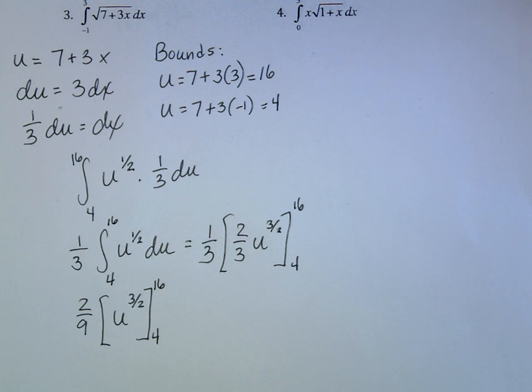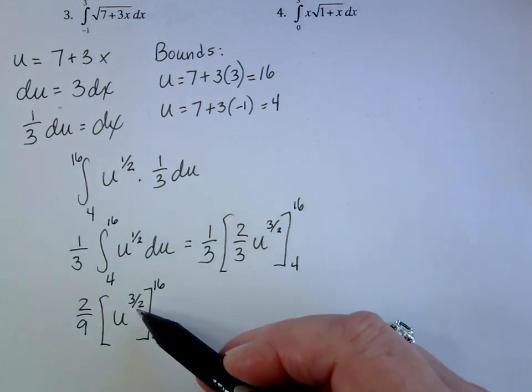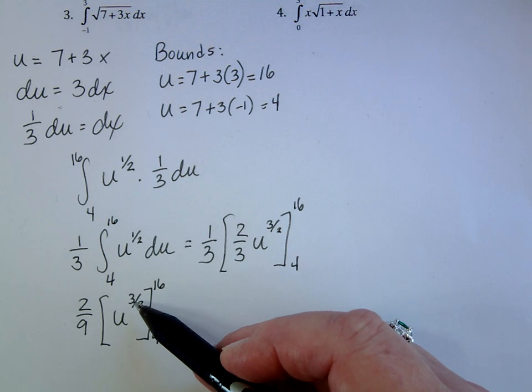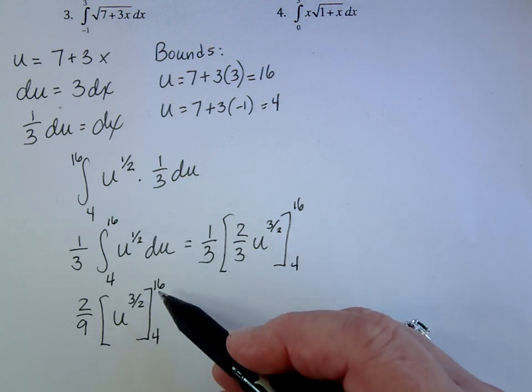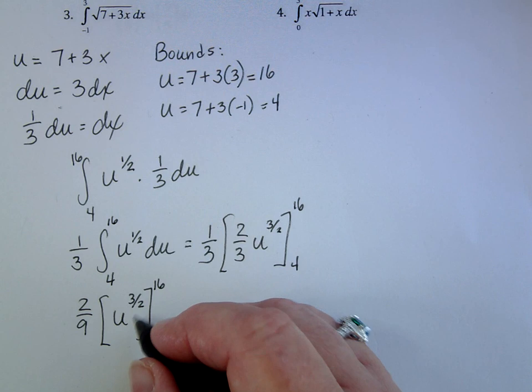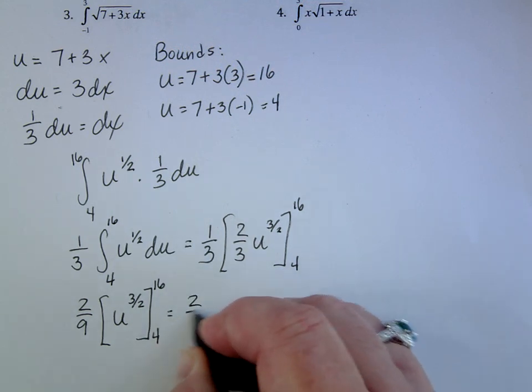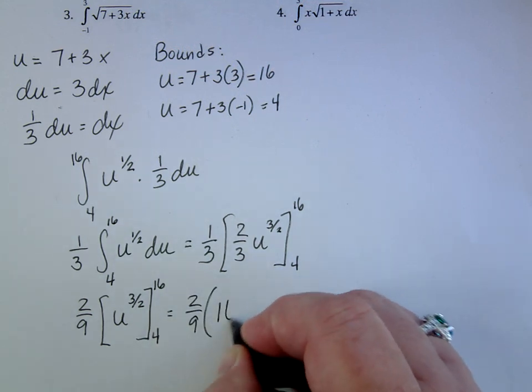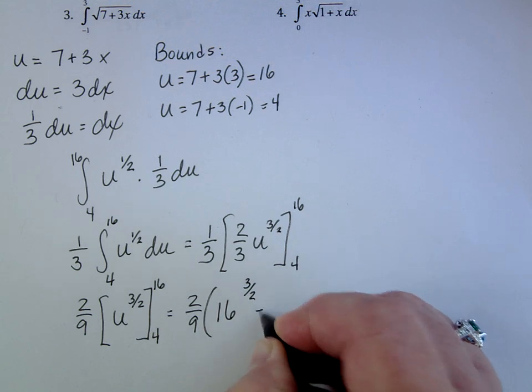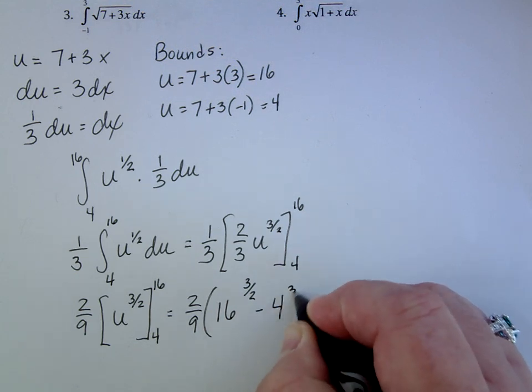If you remember how these fractional exponents go, the denominator tells you the root and the numerator tells you the power. So let me write it out the long way here first. 2/9, I have 16 to the 3/2 power minus 4 to the 3/2 power.